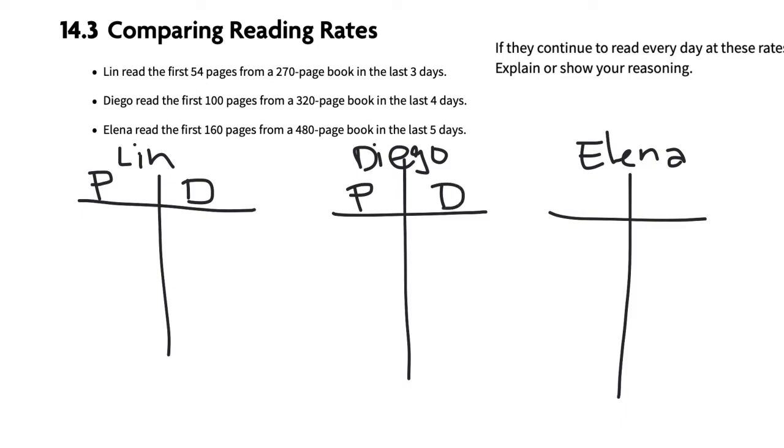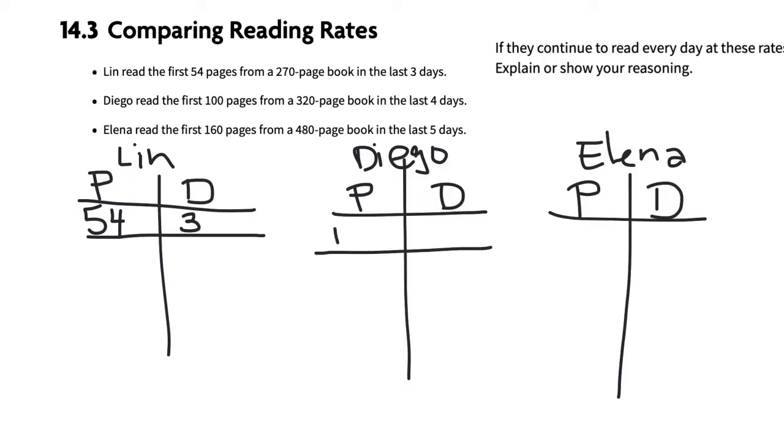Lynn read 54 pages in 3 days. Diego read 100 pages in 4 days, and Elena read 160 pages in 5 days.